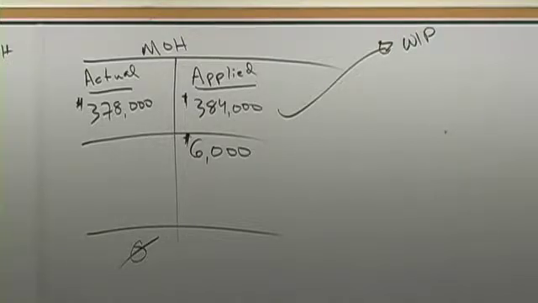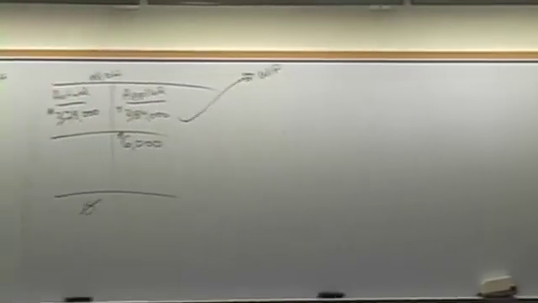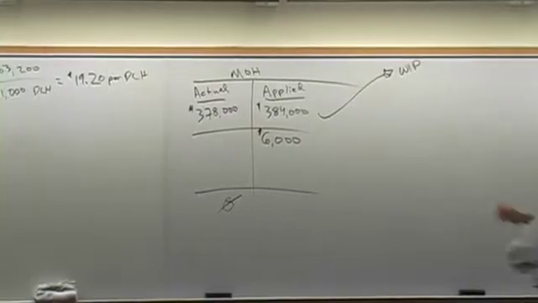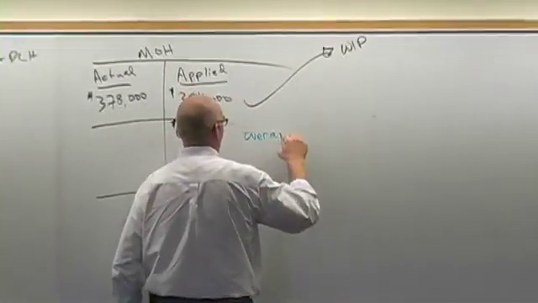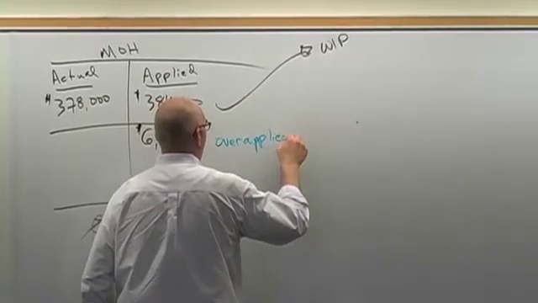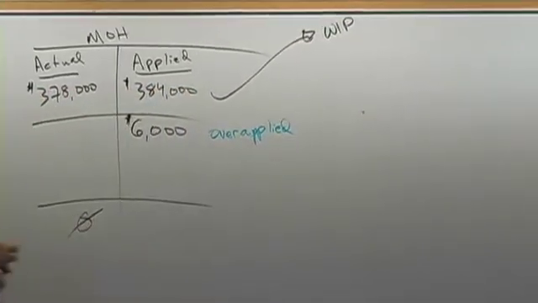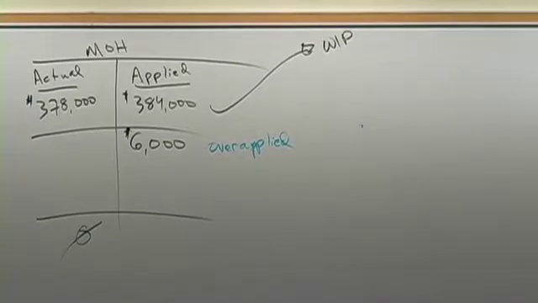Everybody see that? We applied too much overhead. The fancy name for that is we have over-applied. This is over-applied manufacturing overhead. So we have over-applied manufacturing overhead by $6,000.